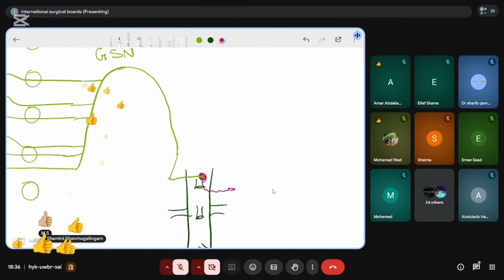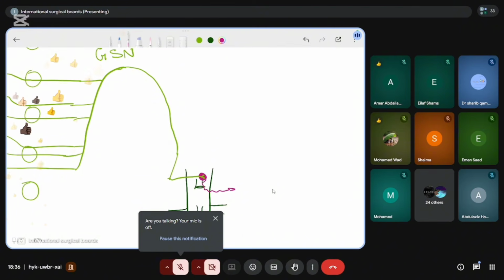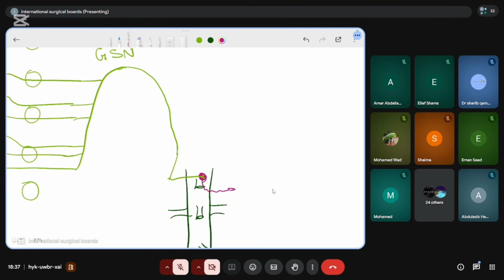There's just one little detail I like to add: before the greater splanchnic nerve reaches the celiac ganglion, it gives one little branch that goes to the adrenal medulla. So the adrenal medulla is supplied by preganglionic sympathetics coming from the greater splanchnic. That's a very important detail in the exam: it doesn't synapse, so it remains preganglionic throughout.